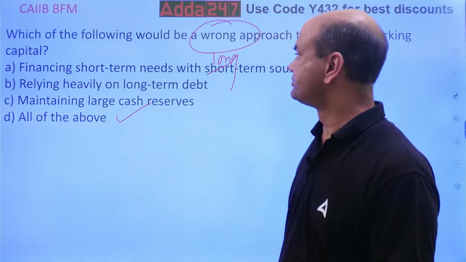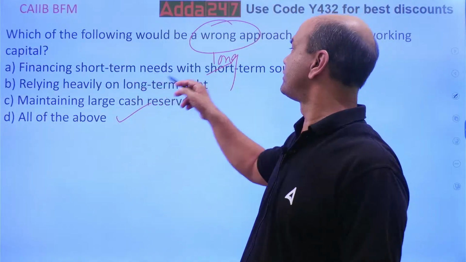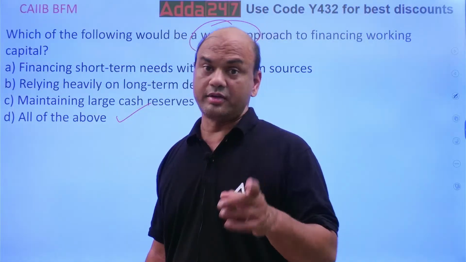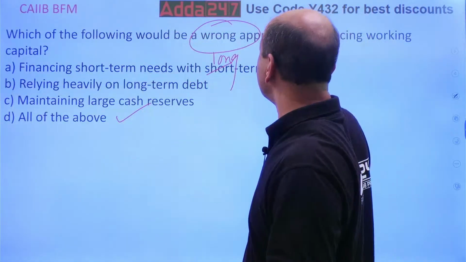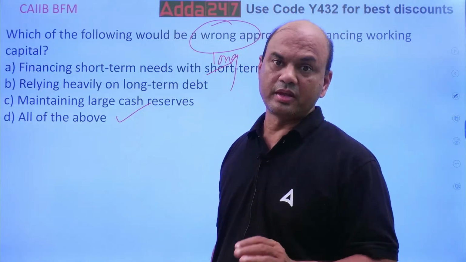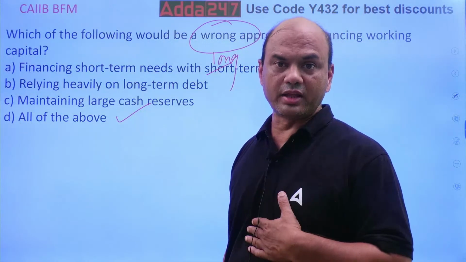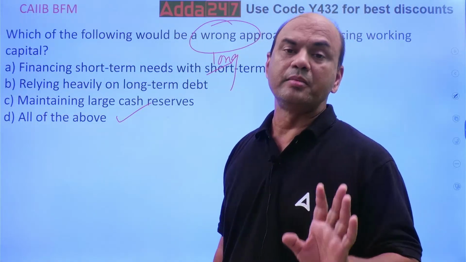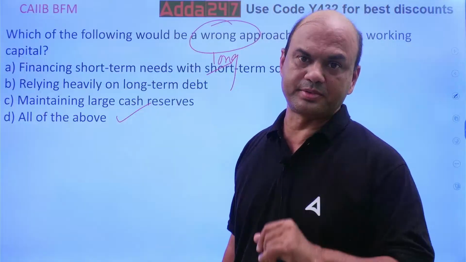Because see this. Financing short-term needs with long-term sources. So that is very wrong. If the long-term sources are from your own, then you can accept it to some level. If I am having my own equity and then I am using it, then I can accept it to some extent. But long-term sources are of two types.